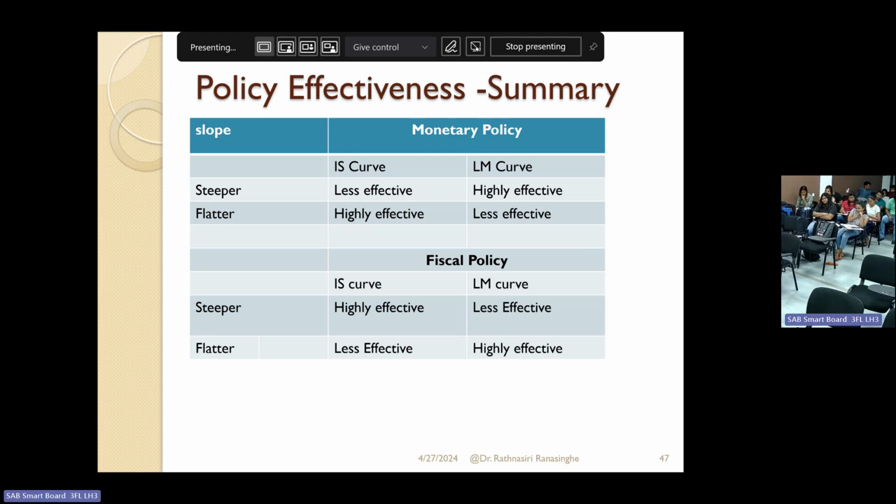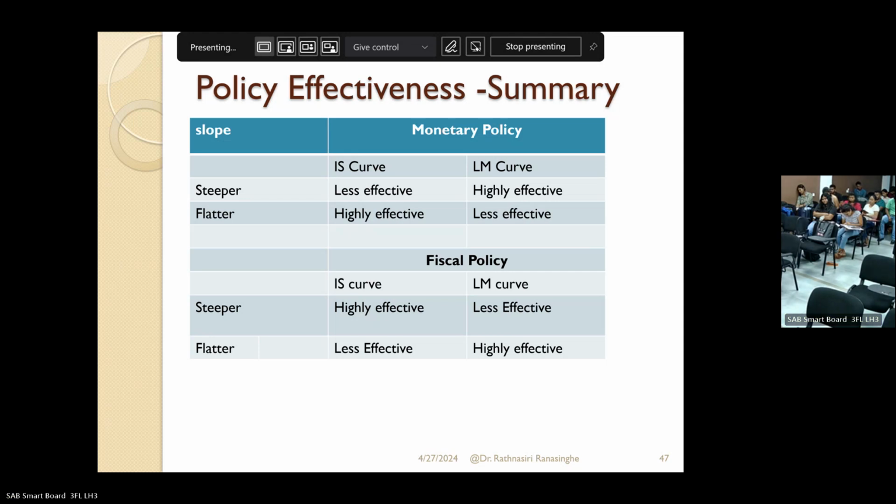The conclusion is that the steeper LM curve is more effective. The first one should be the effective one. Can you see that? Quite clearly you can see. So this one is effective, right?